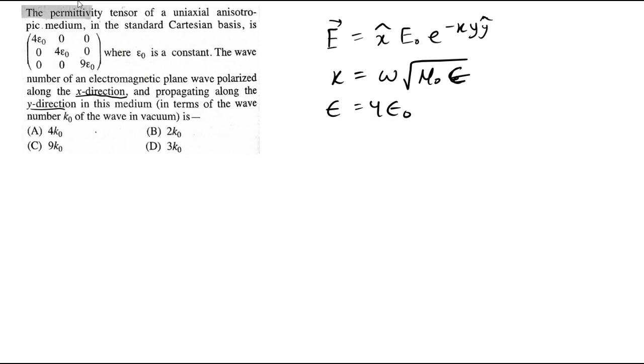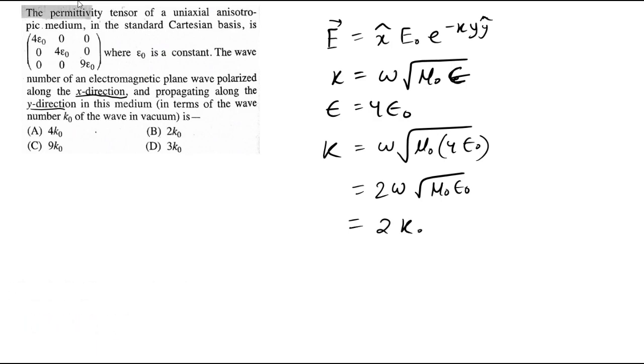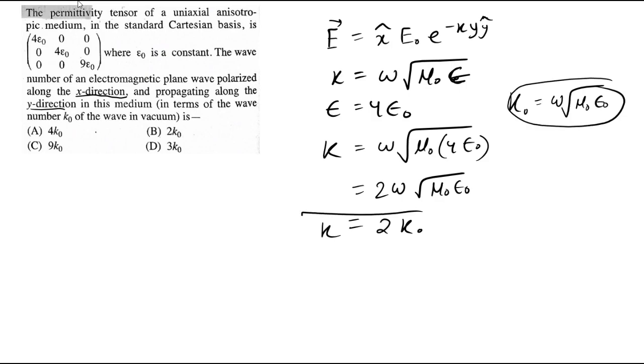So we can just plug in: k equals omega root of mu naught times 4 epsilon naught, and then we can write it as 2 omega root of mu naught epsilon naught, which is equal to 2 k naught, because we know that k naught is equal to omega root mu naught epsilon naught, right? So k equals 2 k naught. So the correct answer is option B.